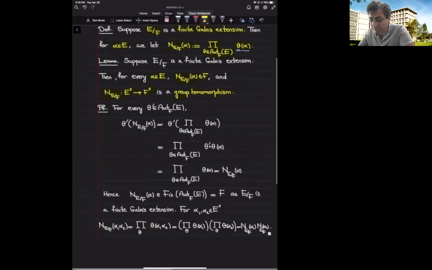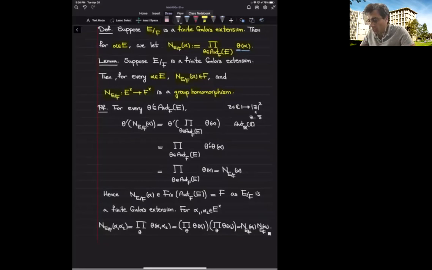You can compare this norm with the thing that we have already used many times, when we start with a complex number and send it to the complex norm squared. That complex norm squared is z times the complex conjugate of z. And the complex conjugate is precisely the other R-linear automorphism of the complex numbers C. So the R-linear automorphisms of C consist of two functions, identity and complex conjugation.